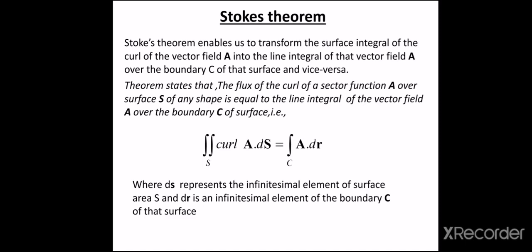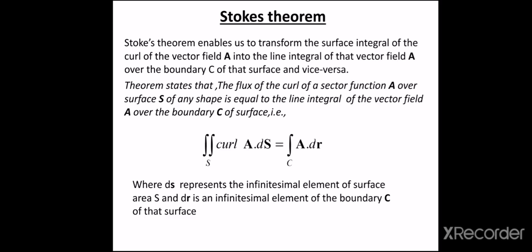Next is Stokes' theorem. Stokes' theorem enables us to transform the surface integral of the curl of the vector field A into the line integral of that vector field A over the boundary C of that surface and vice versa. The theorem states that the flux of the curl of a vector function A over a surface S of any shape is equal to the line integral of the vector field A over the boundary C of the surface.